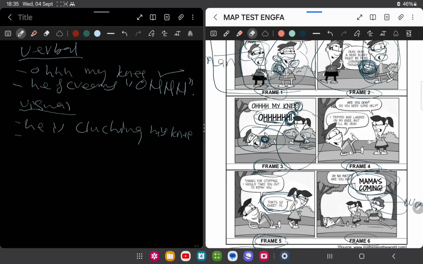Let me show these lines. The movement of these lines shows that he is shaking his foot.